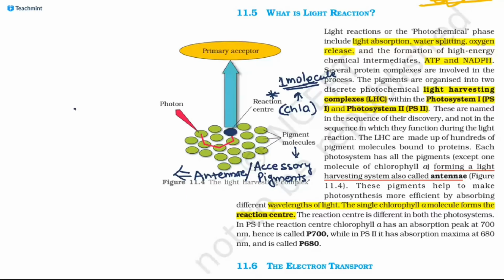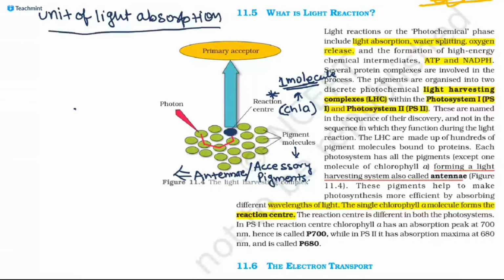See, we are going to study the unit of light absorption, right? The unit of light absorption is called the photosystem. We are coming to that, but since you asked, I will go in the reverse direction. Now, the photosystem is made up of pigments, right?